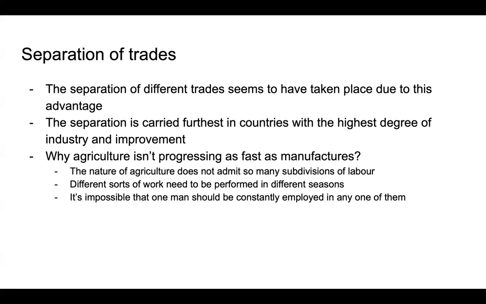They're just different things that need to be done in different seasons, and it's impossible to be constantly employed in one of these things, right? So as a result, you kind of have to be a jack of all. You can't just focus on 1 or 2 things. And due to this limitation, agriculture wasn't progressing as fast as manufacturers, where it's a lot easier to have the division of labor.